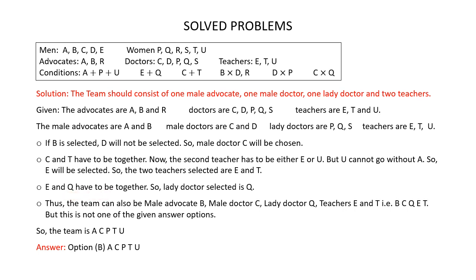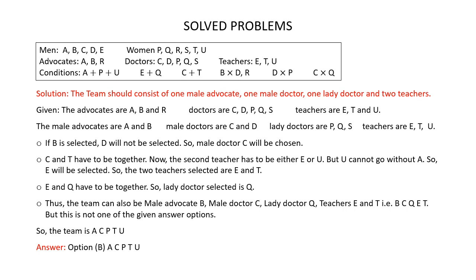Now since E has already been selected, clearly it means that Q has to be selected. So the lady doctor selected is Q. So now if male advocate B is selected, then the team will be male advocate B, male doctor C, lady doctor Q, teachers E and T. That is, the team would be B, C, Q, E, T.